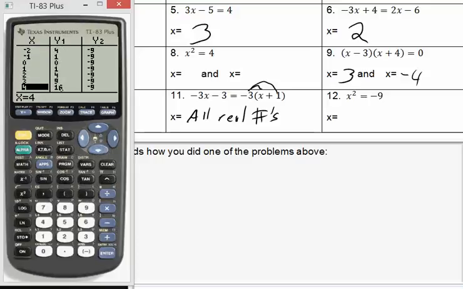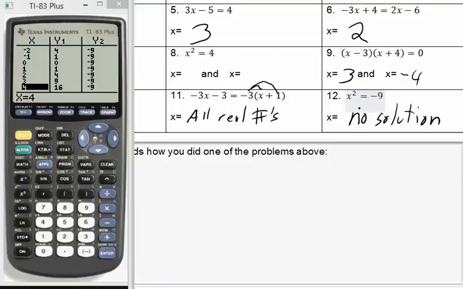So it's never going to hit negative 9. So on this one, there is no solution. Those two can never be the same. If you notice, you can never have a square of a number being a negative 9. Now, if I put positive or negative in here, the answer is going to be positive.